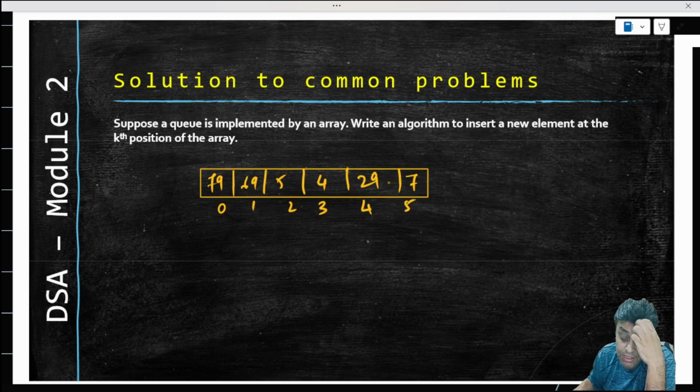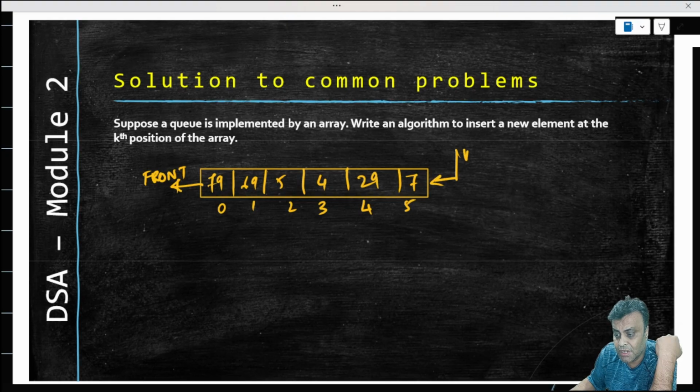What are we seeing here? We are seeing the kth position of an array. First of all, a queue always has the exit from the front and always has an entry from the rear. And we are saying, insert a new element at the kth position.